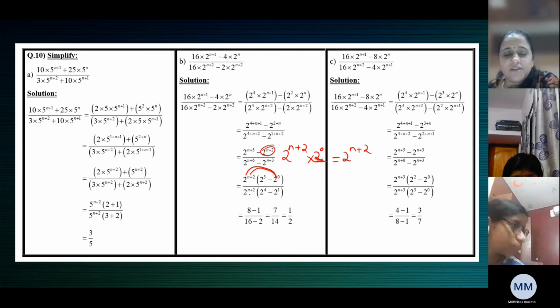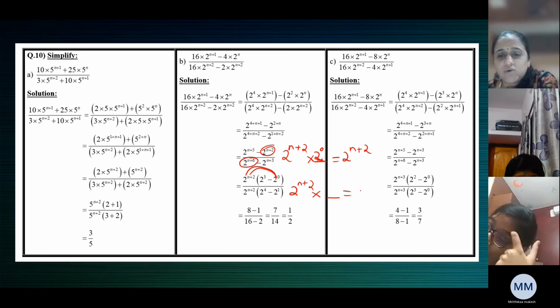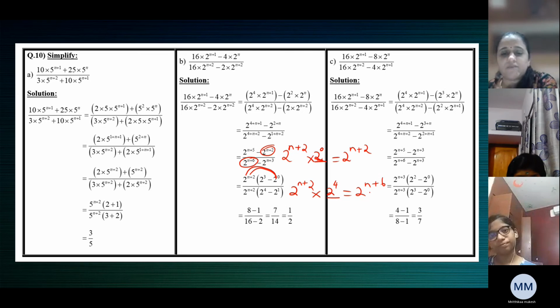Now similarly, the new denominator: we have 2 to the power n plus 2 multiplied by what will give us this term, 2 to the power n plus 6? So it is 2 to the power 4. 2 to the power n plus 2 is common.